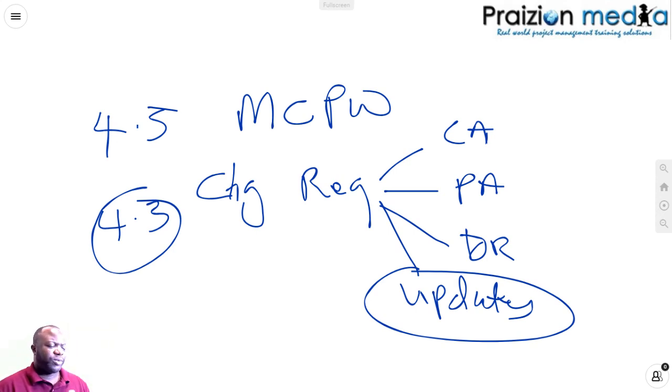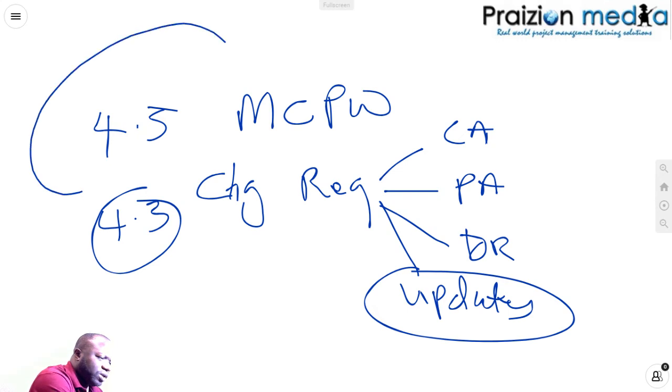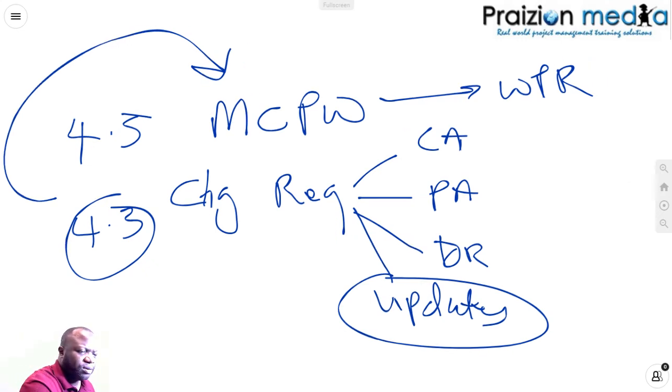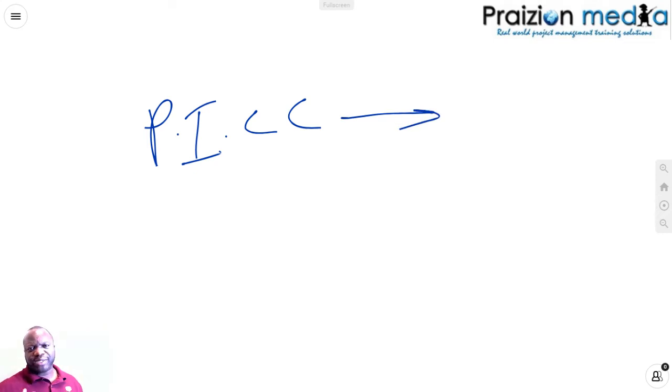So all of that was a precursor to monitor and control project work, where you still get out work performance reports. So that is still the case. Nothing has changed in that regard. Also, perform integrated change control. Before it would explicitly call out a change log as an output.